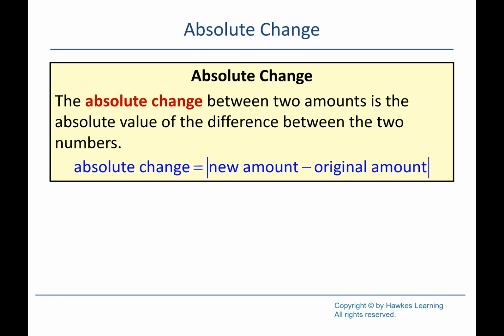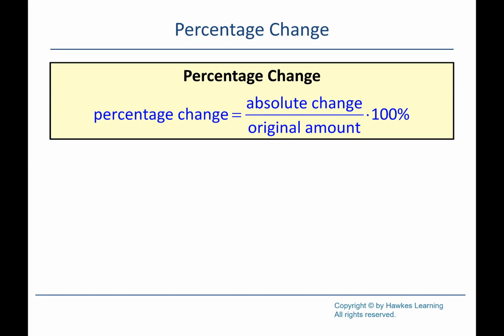And the reason we want to know that is because we want to be able to talk about percentage change. Percentage change, we take our absolute change and divide it by the original amount, the amount we started with. So that's important. Okay.